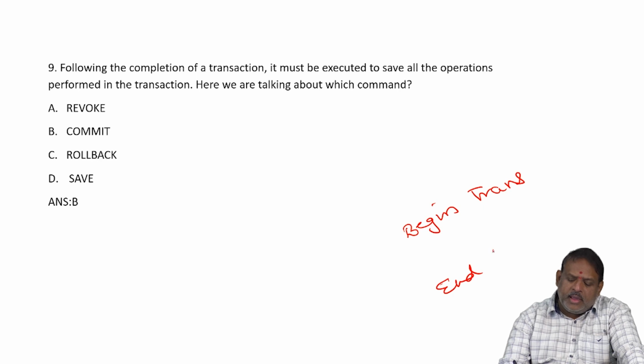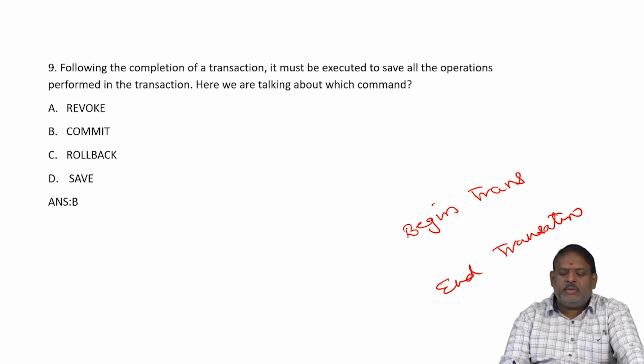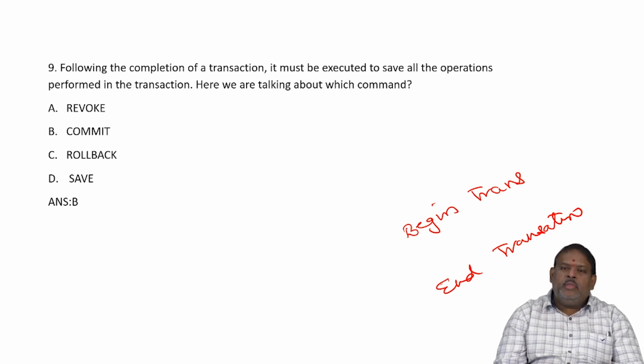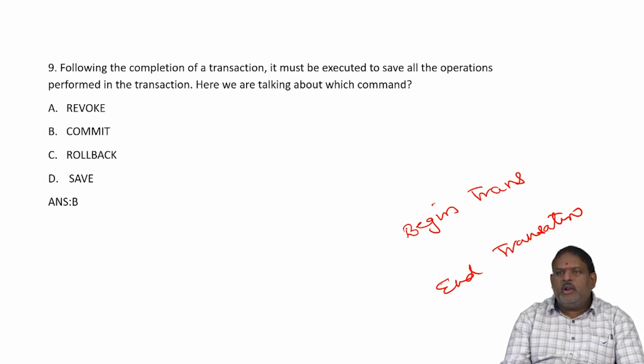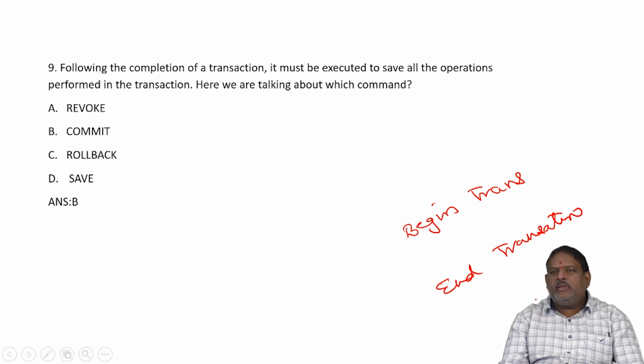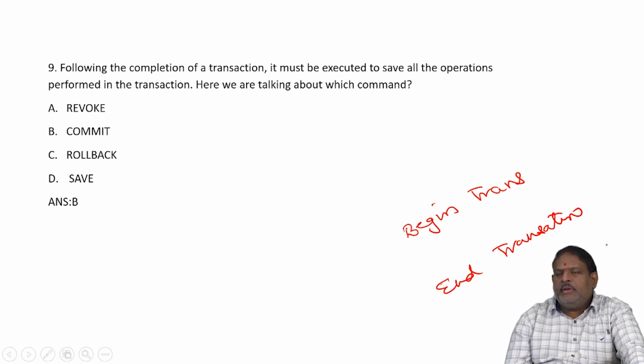So a transaction is a series of steps performed in a sequence, and the output of this would be a success or failure. If it is success, your data is updated. If it is failure, your data is rolled back.